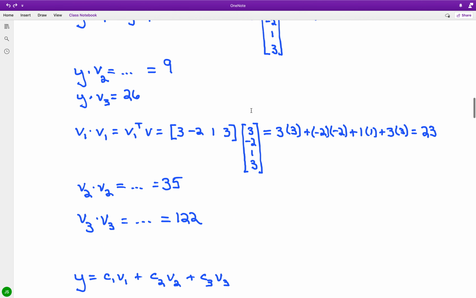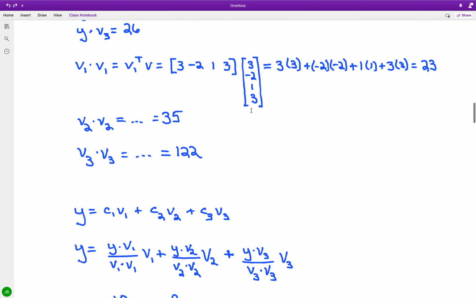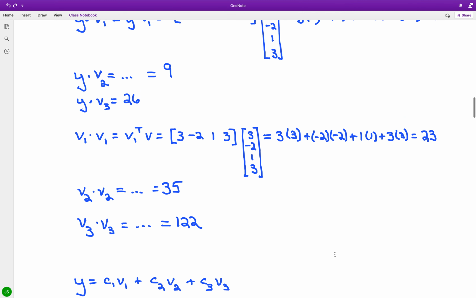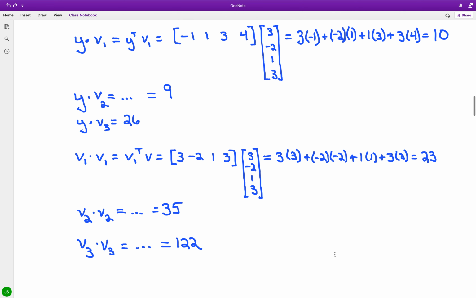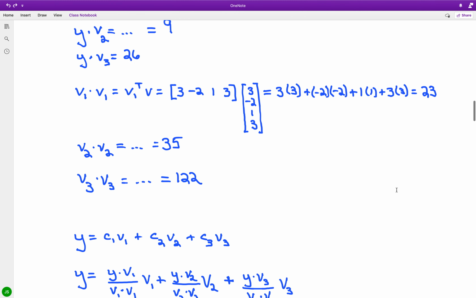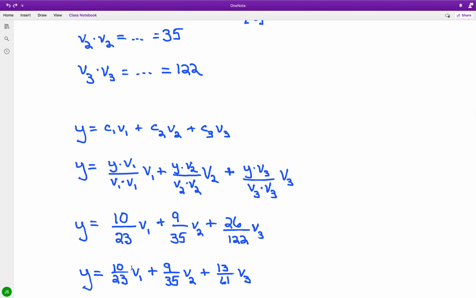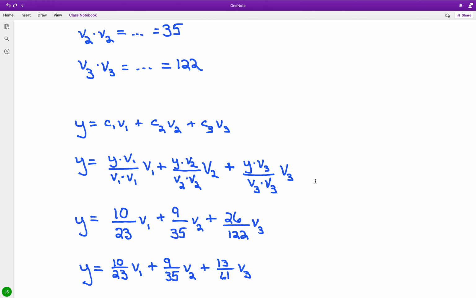So we have the changeover in terms of the dot products. We have y dot v1 over v1 dot v1 times v1, and so on, just filling in the numbers we attained earlier. y dot v1 was 10, v1 dot v1 was 23, and so we have 10 23rds of v1, and following through likewise, 9 35ths of v of 2, and for the third we have 26 over 122 v of 3.